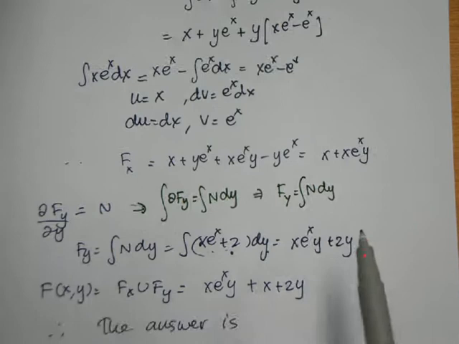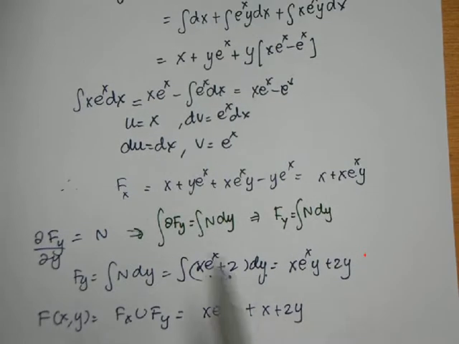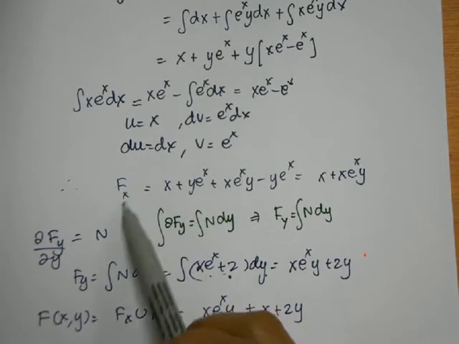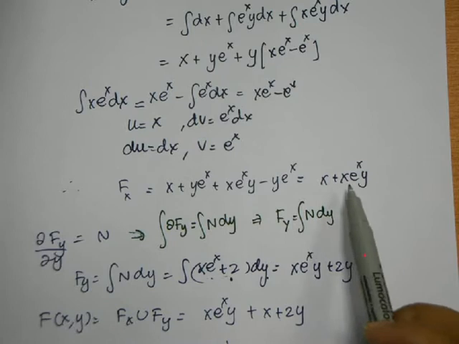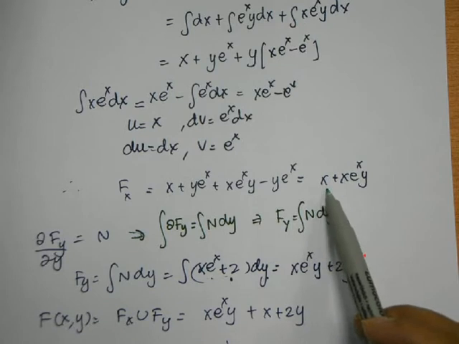Because actually this fx and fy have got to be the same function, I just make the union of them. When you do the union, you see this is fx and this is fy.